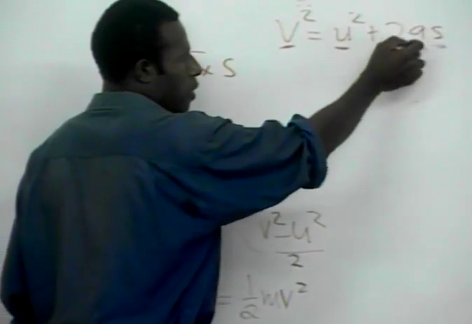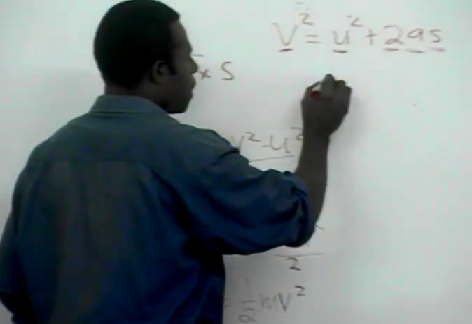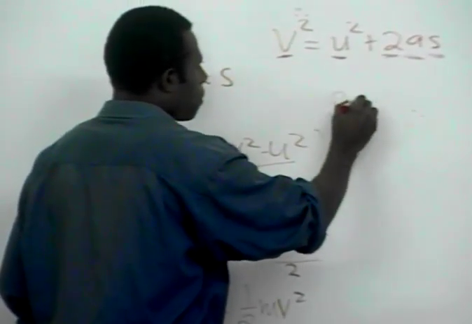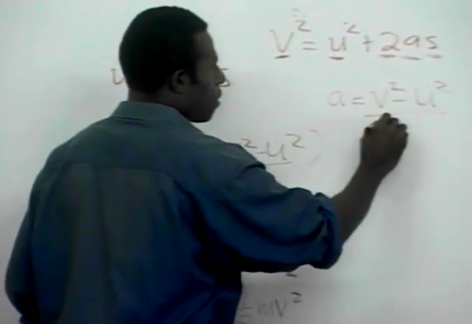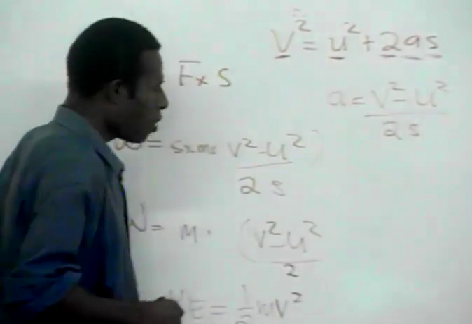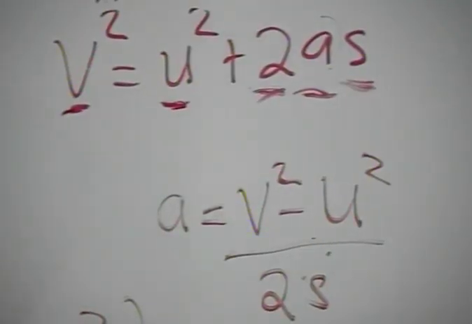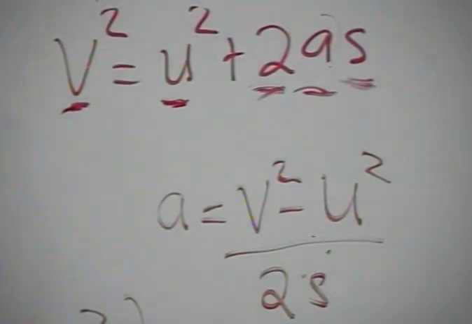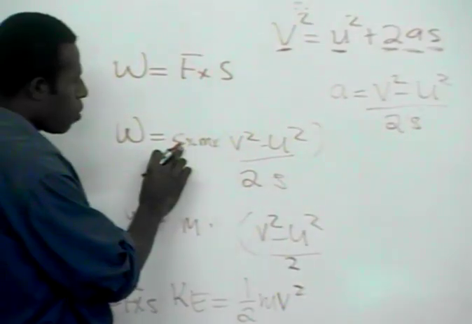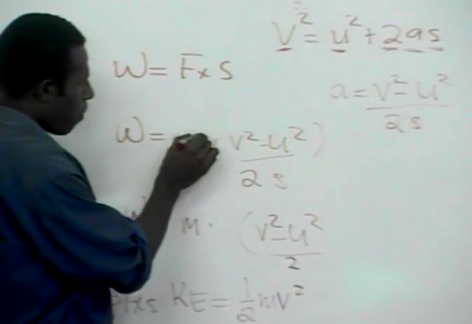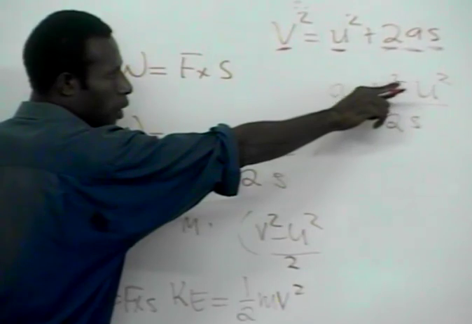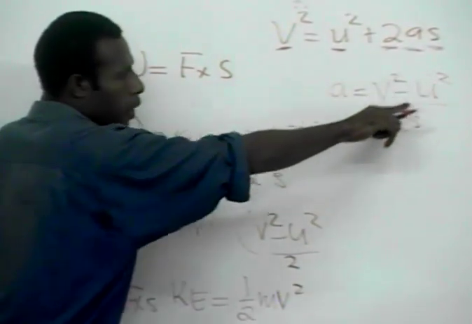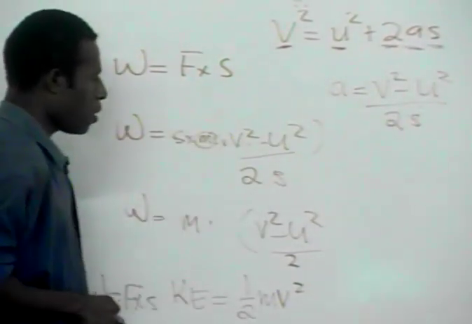In here is an acceleration. How do we find this a? Simply, a equals v squared minus u squared over 2s. So we put that in. Work equals force, which is mass, times this acceleration given, a equals v squared minus u squared divided by 2s.